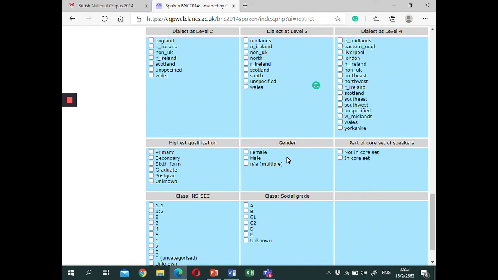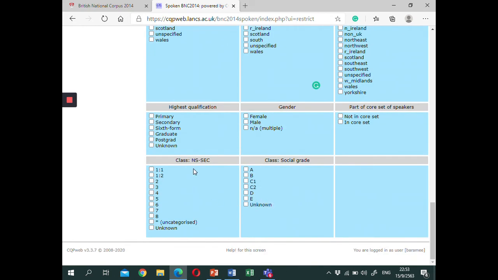Here you can restrict the gender of the speakers. The quartet category refers to a group of speakers that were selected to ensure representativeness and balance across various social categories. The final two are two classifications of social class.